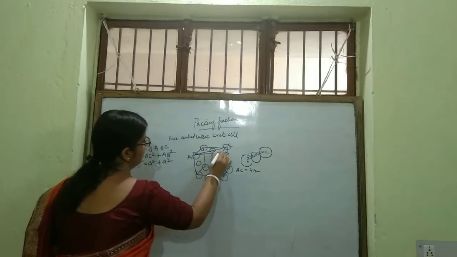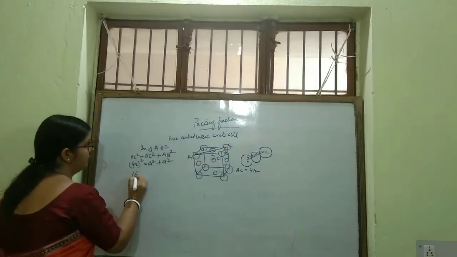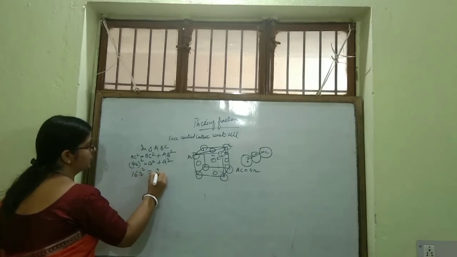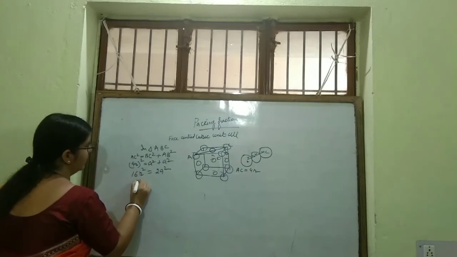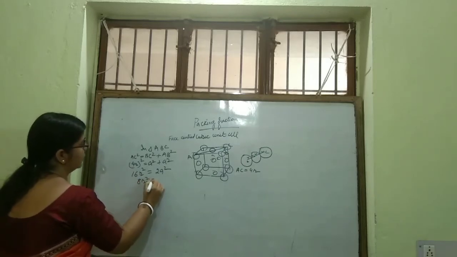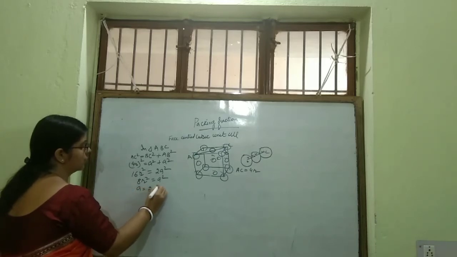This is edge length A, this is edge length A. So, we are getting 16R square is equal to 2A square. So, we can write 8R square is equal to A square. So, A will be equal to 2 root 2 R.